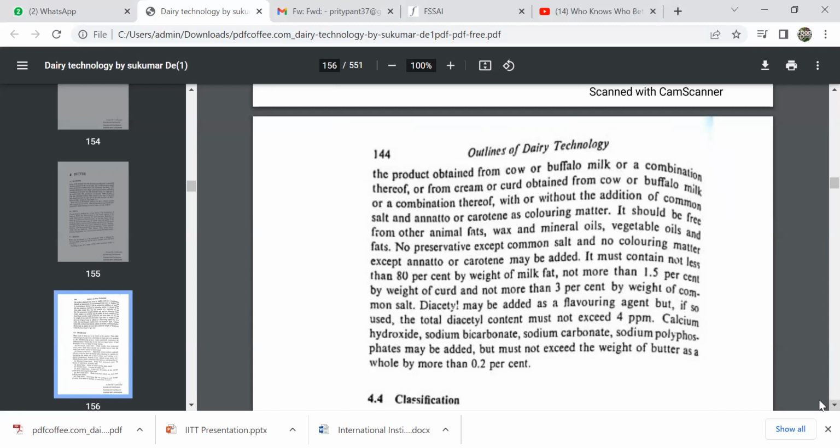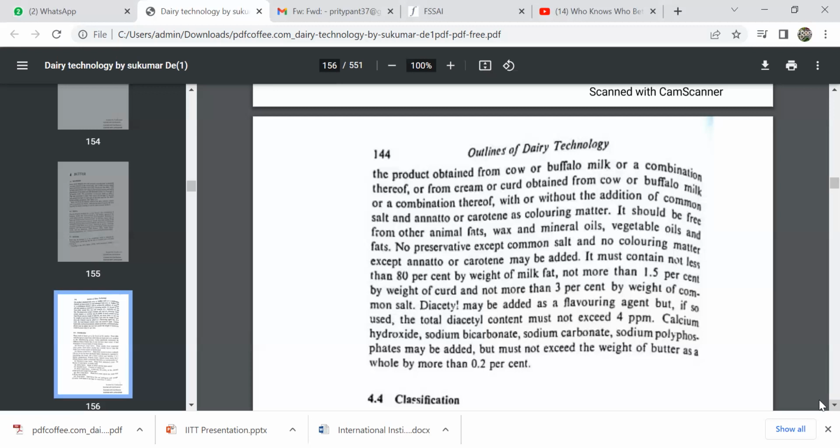Okay, the product should be free from other animal fats, wax, mineral oils, vegetable oils and fats. No preservative except common salt.